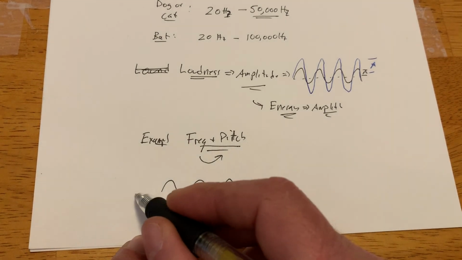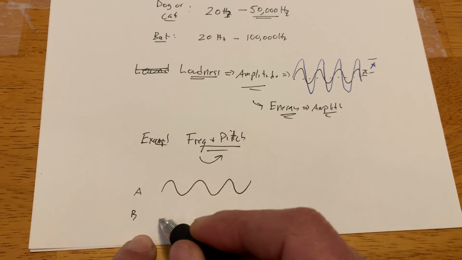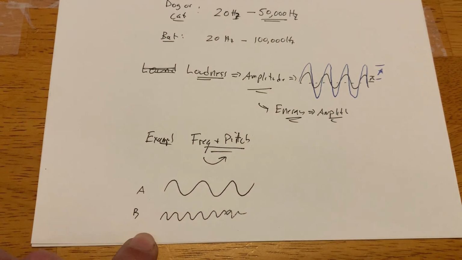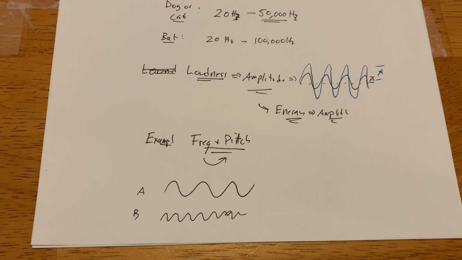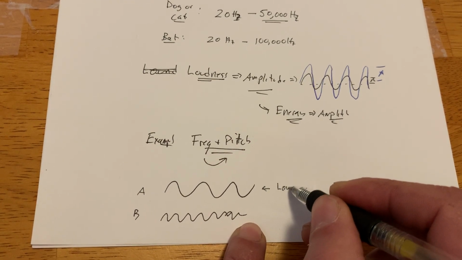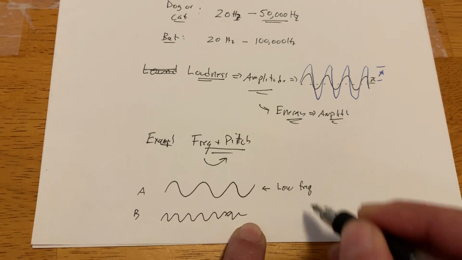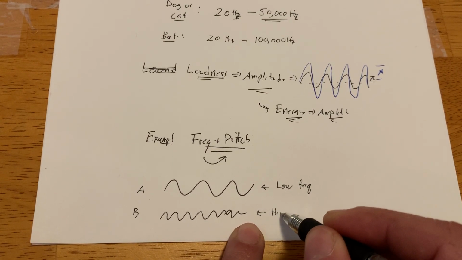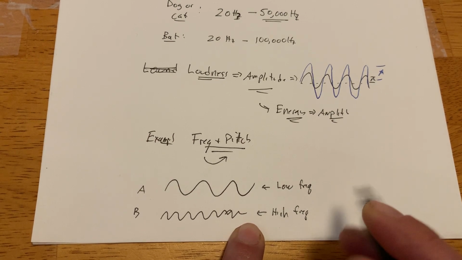So let's see, here is wave A, here's wave B. So there are two waves. All right, well, what's the difference between the two? Well, this guy right here is going to be low frequency. This guy here is going to be what we call high frequency.